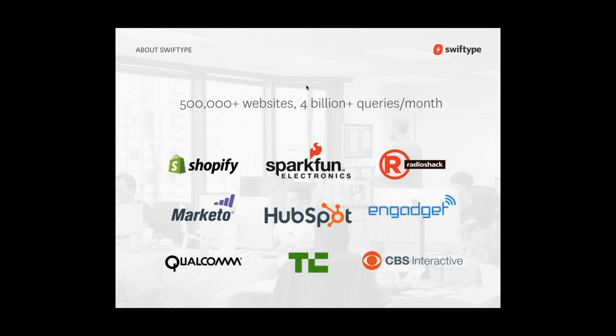We have over 500,000 sites and apps on our platform today, and we currently see a little over 4 billion queries per month. This is just a sample of some of the companies that we do business with, both in the e-commerce space, but also the publishing and knowledge-based customer support space, and also companies interested in lead gen on the corporate side.